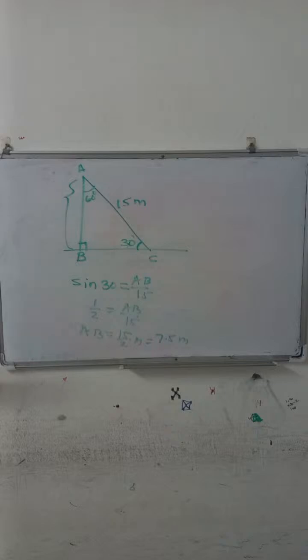Write down the next question. The angle of elevation of the top of the tower from point A on the ground is 30 degrees.